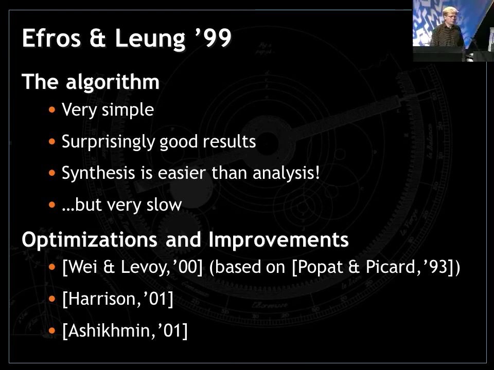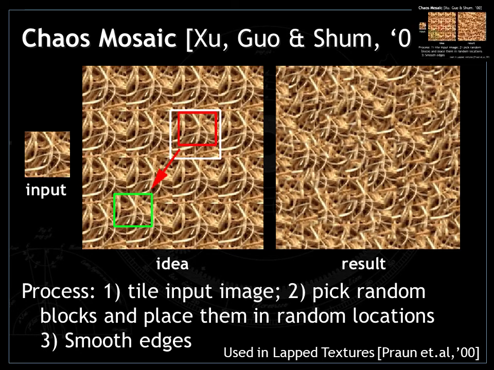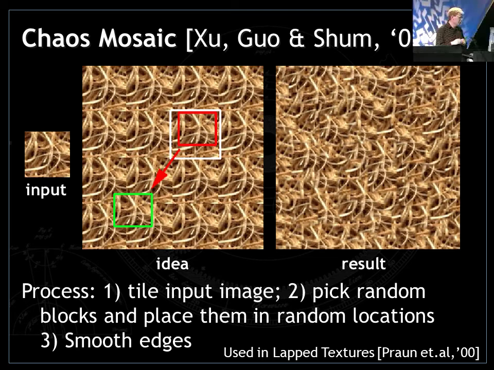So there were a number of papers on optimizations and improvements to the work, Wei and Levoy, Harrison, Ashikhmin, to name a few. But then came along an even simpler, amazingly simple thing, the chaos mosaic work by Xu, Guo, and Shum, where you take the input image and first you just tile it, and then you take random blocks.